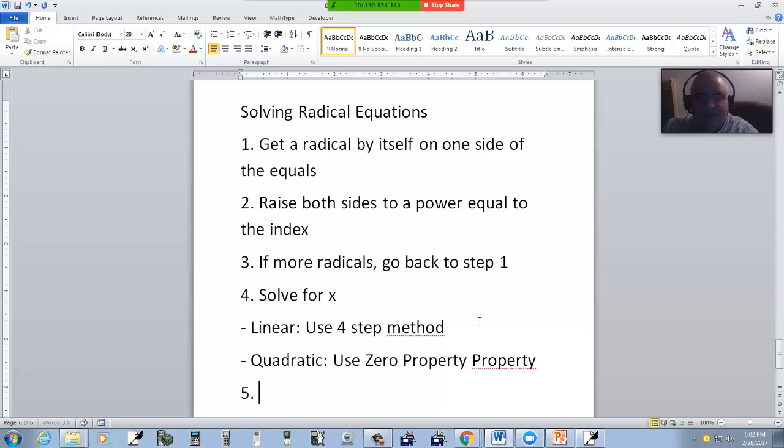And step 5 is check your answers. Now this time you have to fully check it. You don't just check to make sure it doesn't cause 0 in the denominator.